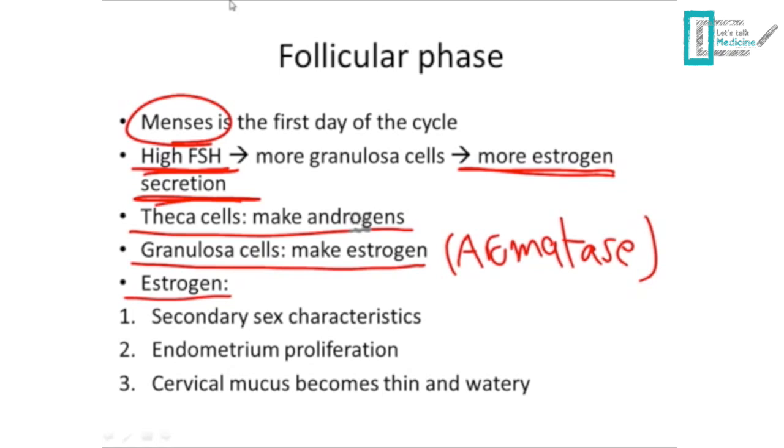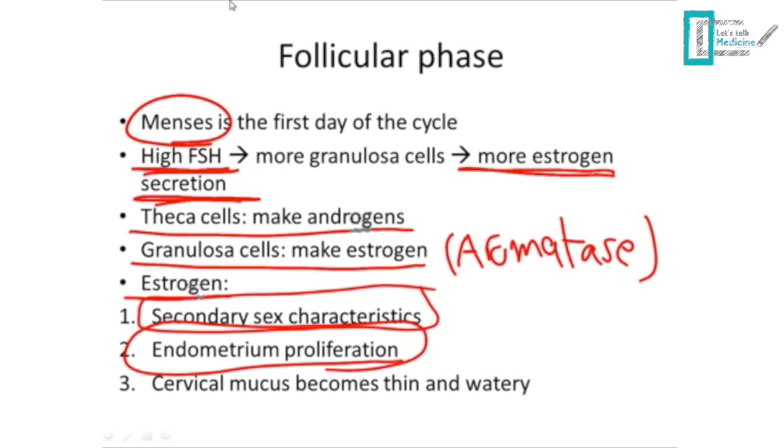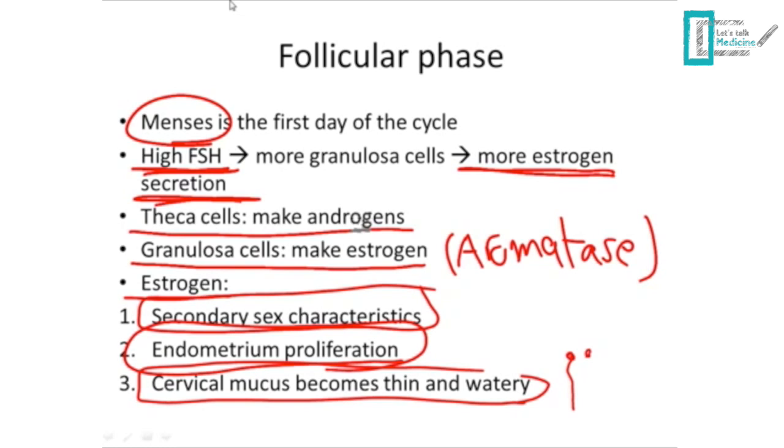Then what's the function of estrogen? We said before, endometrium proliferation. Okay. We have secondary sexual characteristics, as you can see here. And of course, cervical mucus becomes thin and watery. Why do we need this? So sperm can swim even easier. Okay, we need sperm to swim more easily so it can go and fertilize the oocyte.